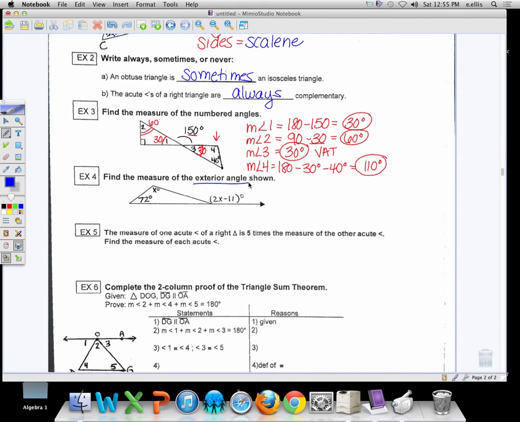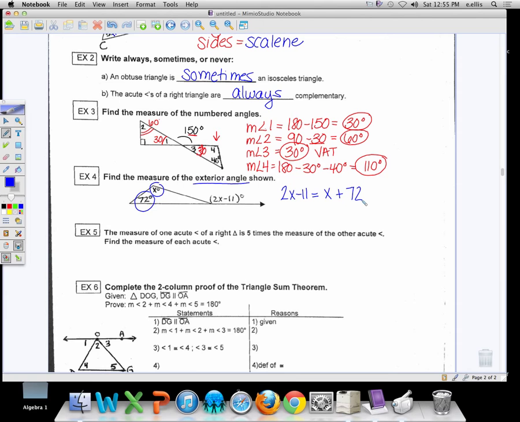Example 4. They want us to find the measure of the exterior angle shown. Well, that is your key phrase. If you are finding an exterior angle, you need the exterior angle theorem, which says your exterior angle, which is 2x minus 11, will be equal to the sum of the two non-adjacent interiors.